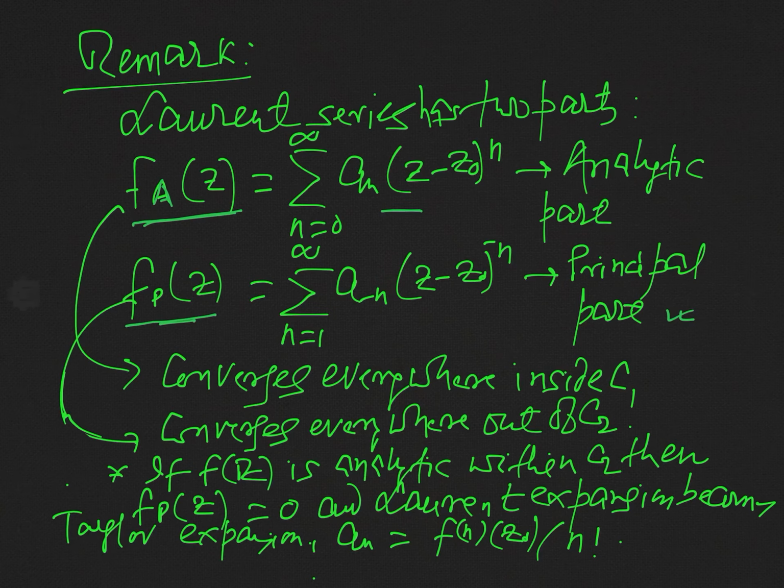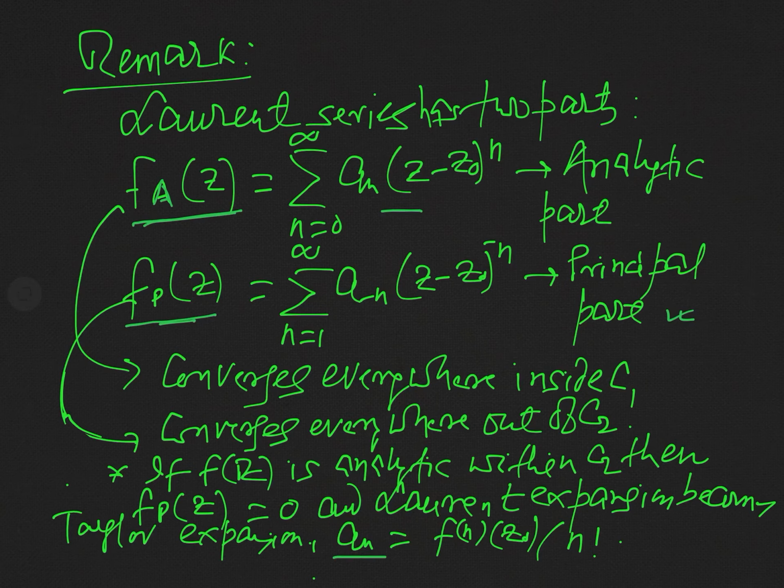And one thing is very important: if f of z is analytic within C2, then fp of z will be equal to 0. In this condition, the Laurent expansion becomes the Taylor expansion.